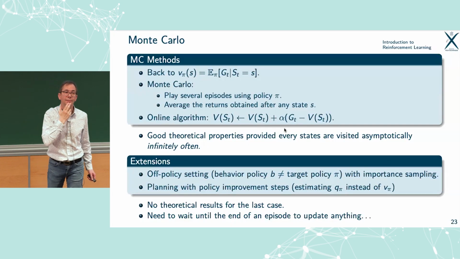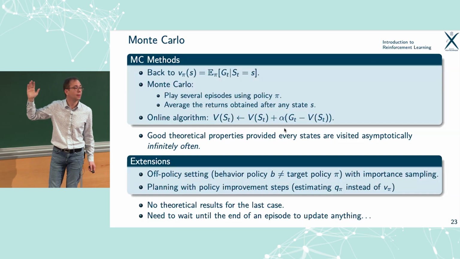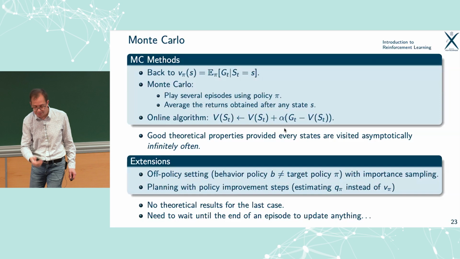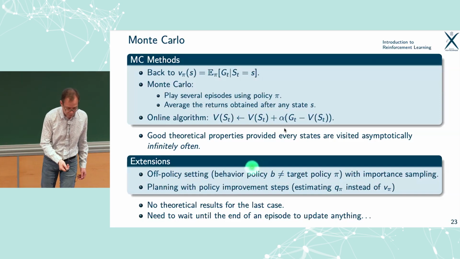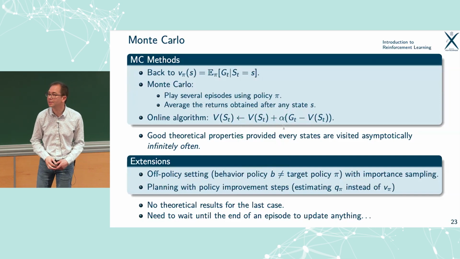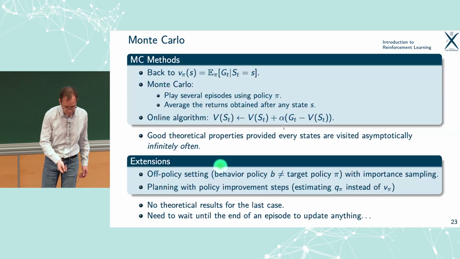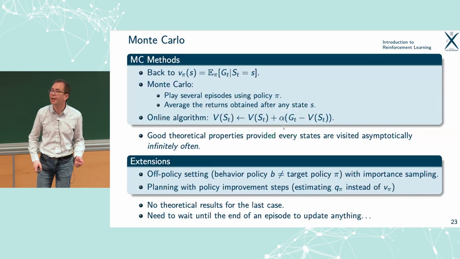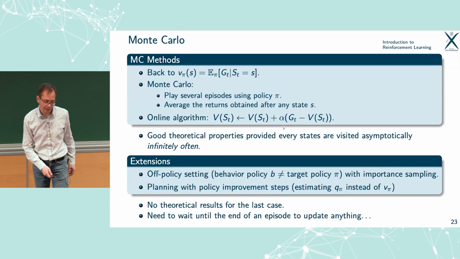If the episode has an infinite length, then we are doomed. So we may want to find a way to do a similar update, updating an average in an online way like this, but without having to wait till the end of time, not relying on this sum over time.